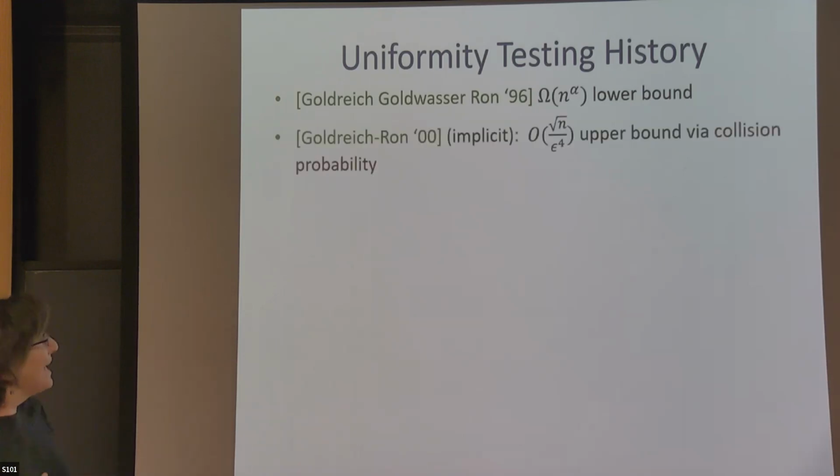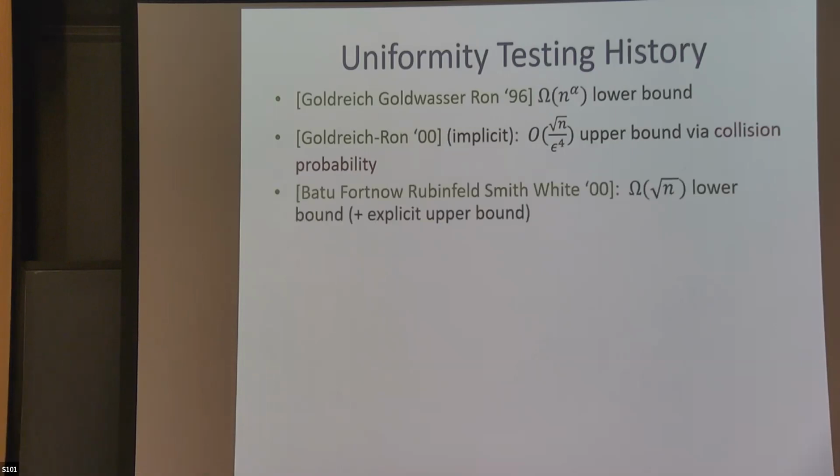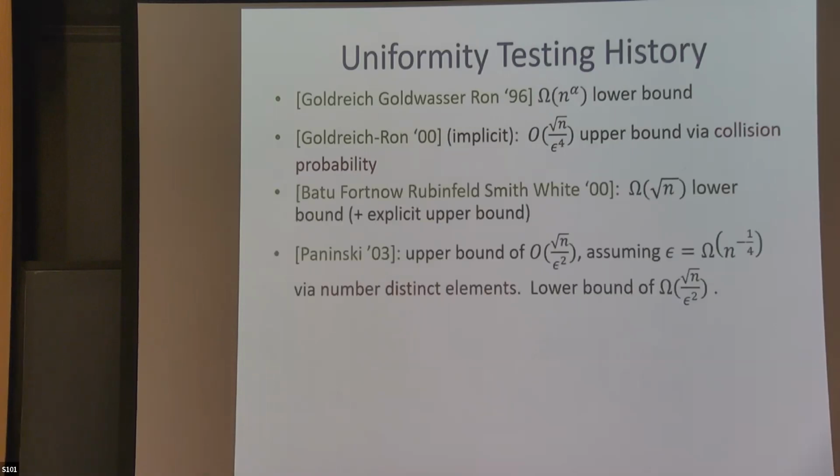Anyway, so then Goldreich and Ron implicitly found, while trying to solve property testers for expander graphs, a way of doing this in root n over epsilon to the fourth. Actually, they showed it in L2 distance, but if you just take their technique and see what it says for L1 distance, that's what you get. So there was more work.